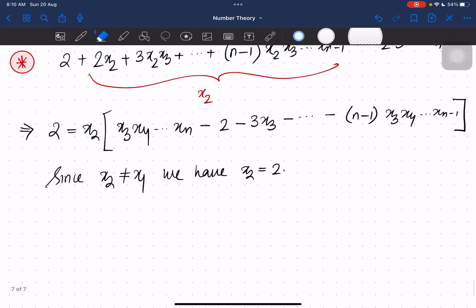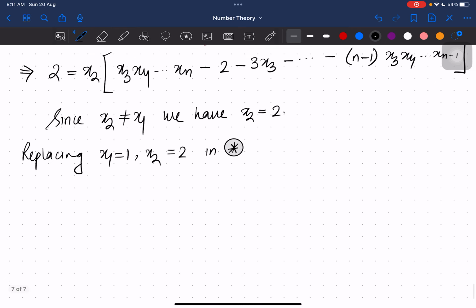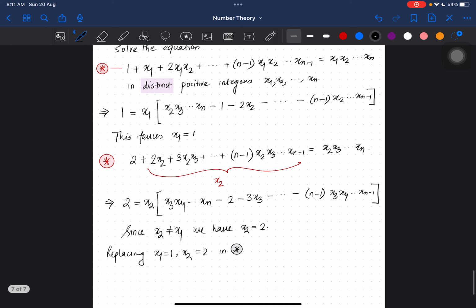So now again replacing x1 equals 1, x2 equals 2 in star, right? So we have now two variables decreased. So let me check the equation once, right?